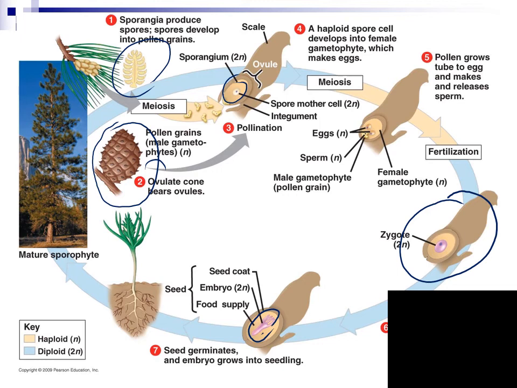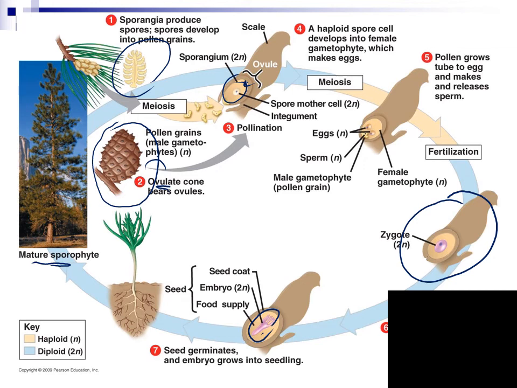But if we look at a pine tree, which I'm assuming you recognize, the tree itself is the sporophyte. It produces cones, and within these cones are the gametophytes. We have the female cone, which has the ovule with the egg, and then we have the male cone, which produces the pollen.